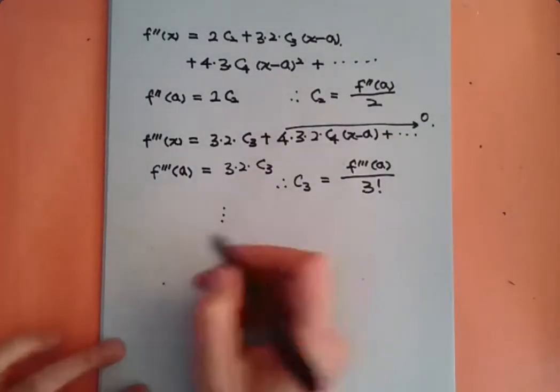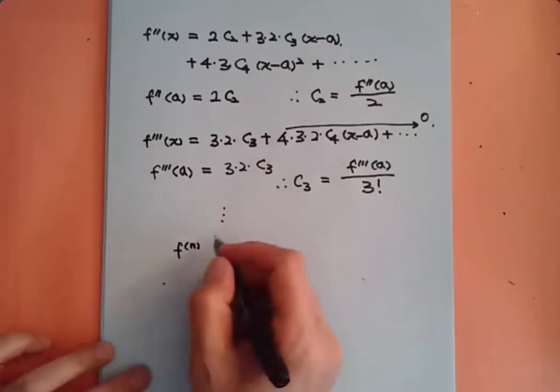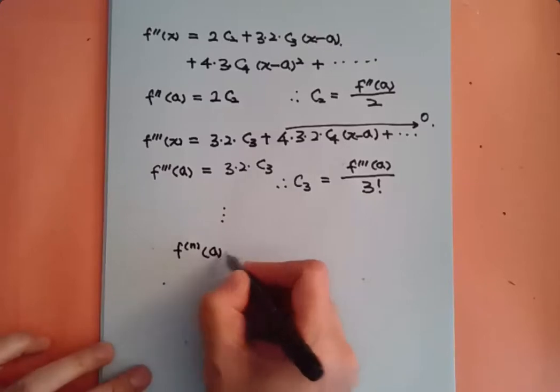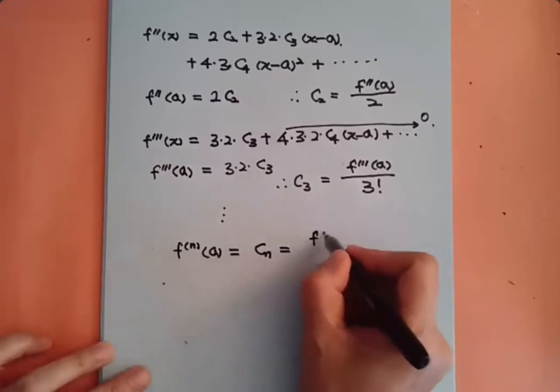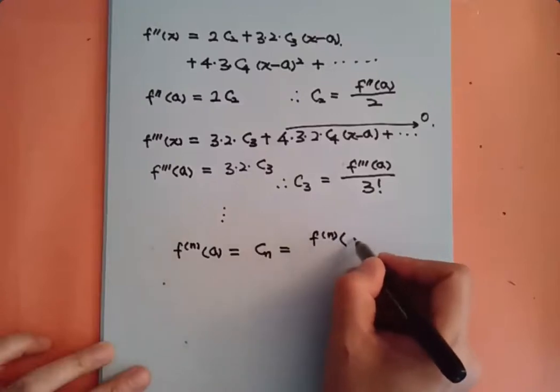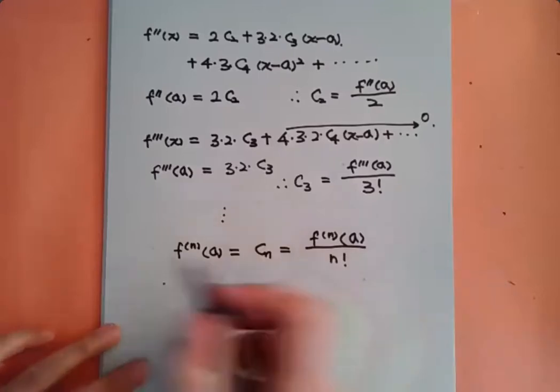So when we keep on doing it like that, the nth derivative of f at A is Cn, and that is the nth derivative of f at A over n factorial.